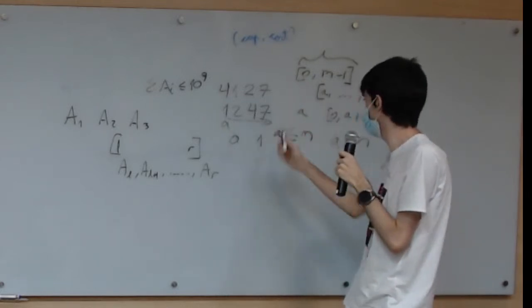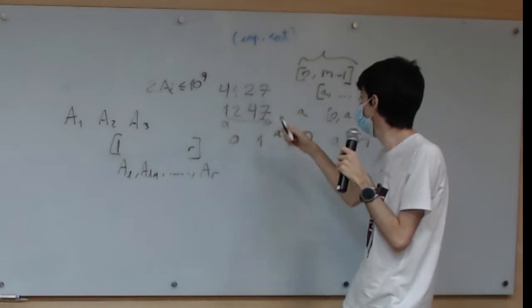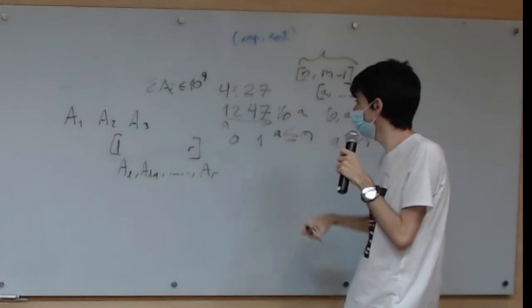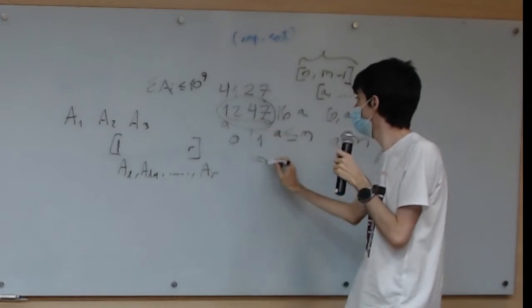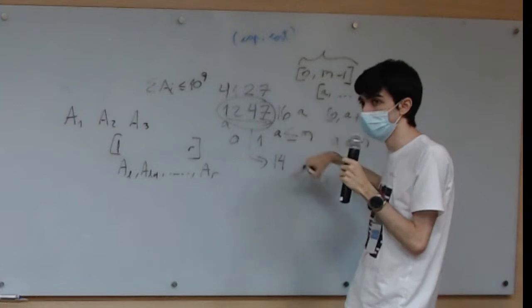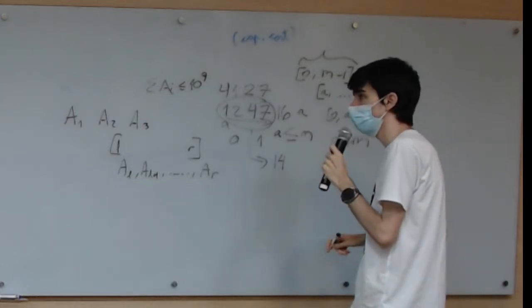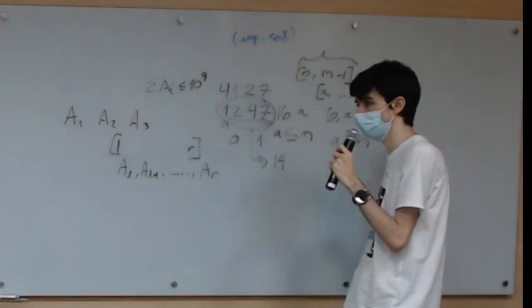For example, if we have here 3, 7, 14, and then 15, then with these numbers we can make up to 14, and we cannot make 15 using these numbers. So this is the solution to the problem if we had just one array.